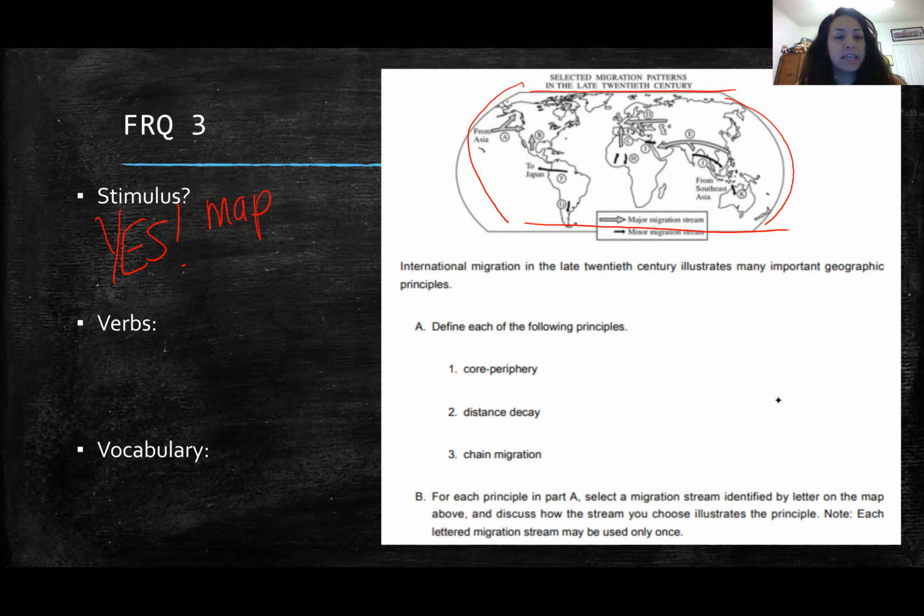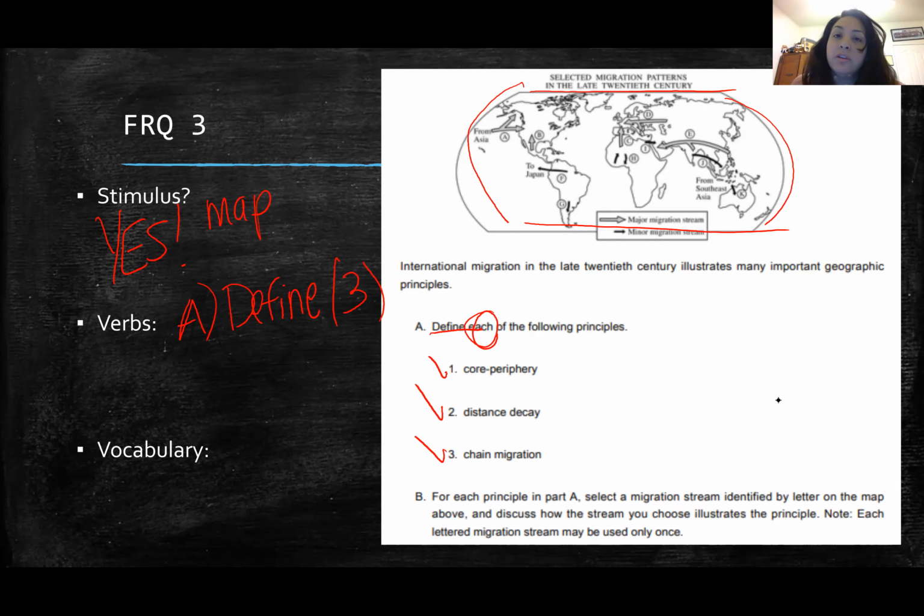So let's keep going. For your verbs, you have to define on letter A. Letter A, you actually have to define it. You have to define 3 things. So you have to define 3 times. You have to define each. So you have to define core periphery, distance decay, and chain migration.